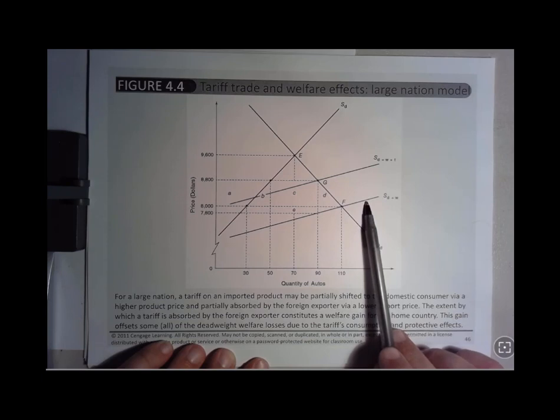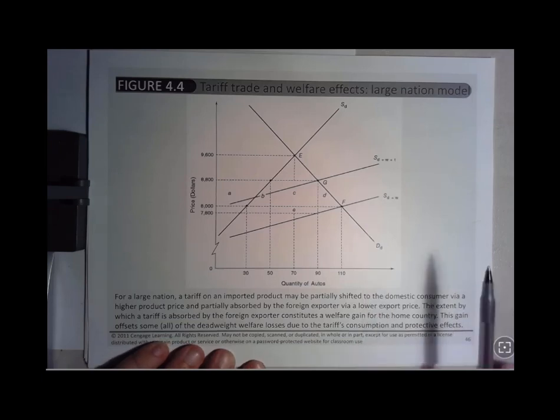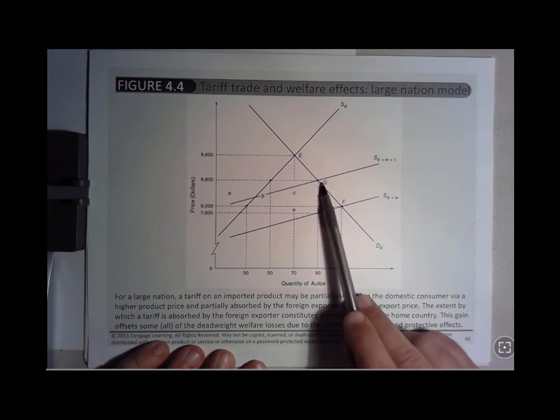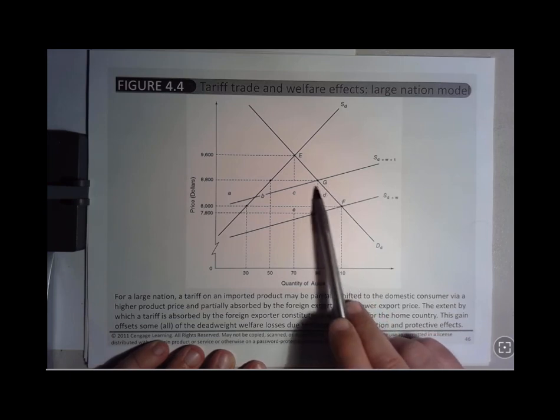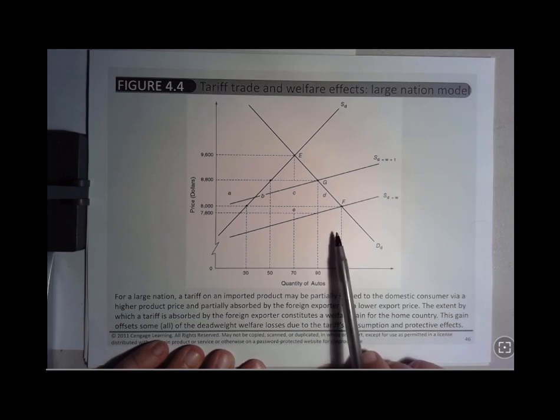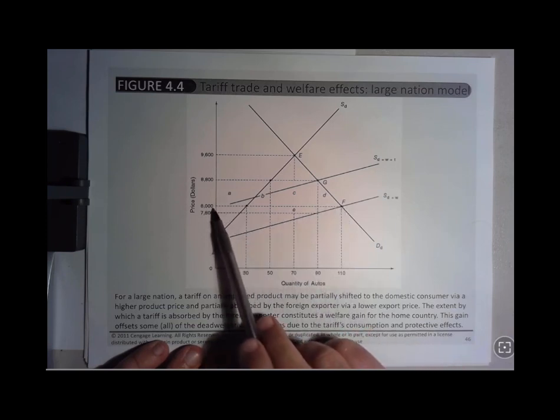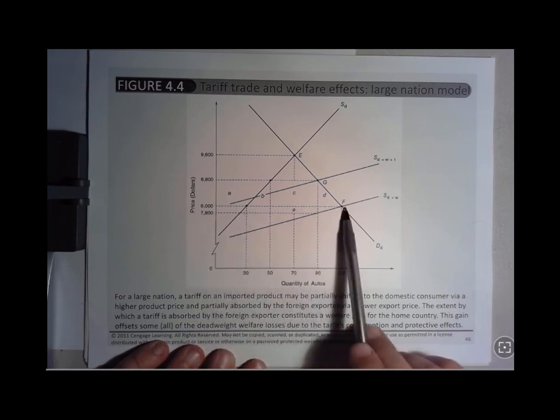So the assessment is pretty much the same up to the free trade scenario. Just in the transition from free trade to government intervention, the tariff scenario, the G point, something different occurs, which is, note that the world price, when we were a free open economy, was $8,000.